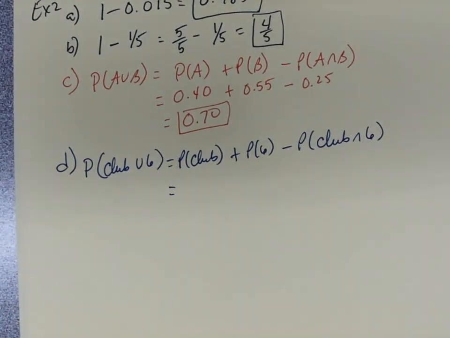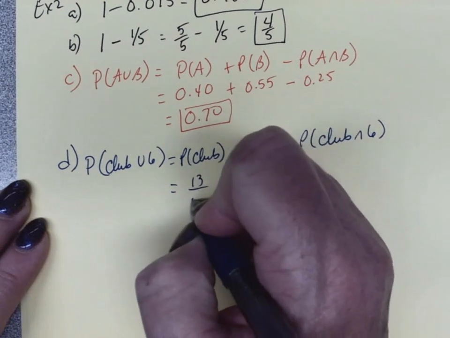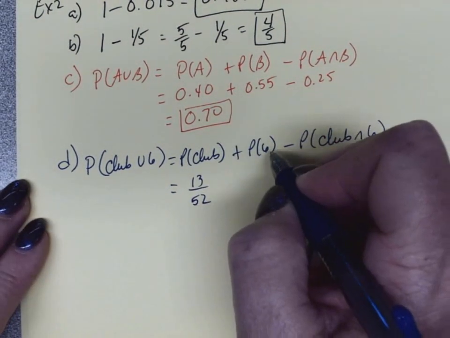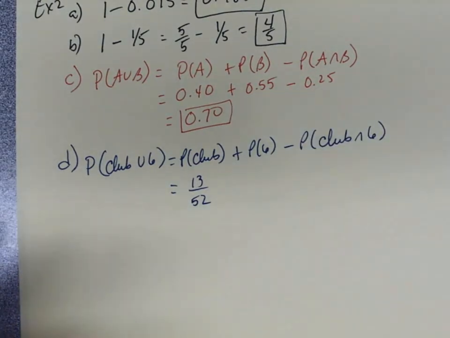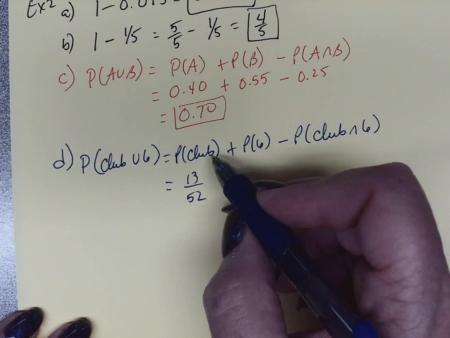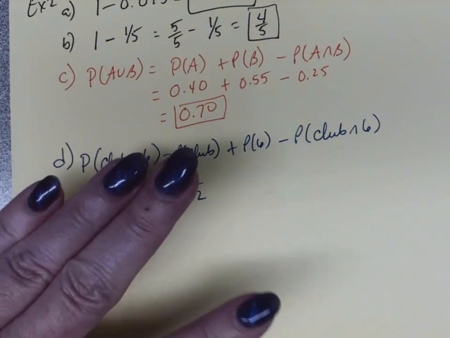So this is where you have to remember how many cards are in a deck, how many suits there are, and how many cards are in each suit. You also need to know that half of them are red and half of them are black. So for the probability of a club, there are 13 clubs out of 52 cards in a deck. For each suit, there is one of each card, so there are 4 sixes because there are 4 suits: clubs, spades, diamonds, and hearts.